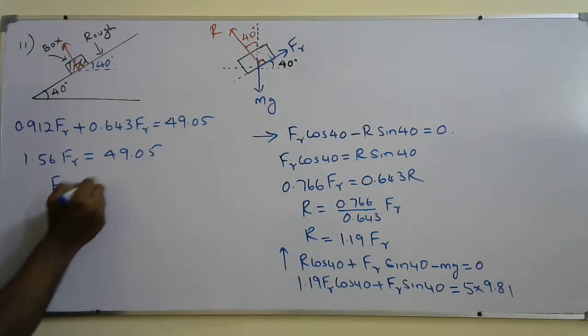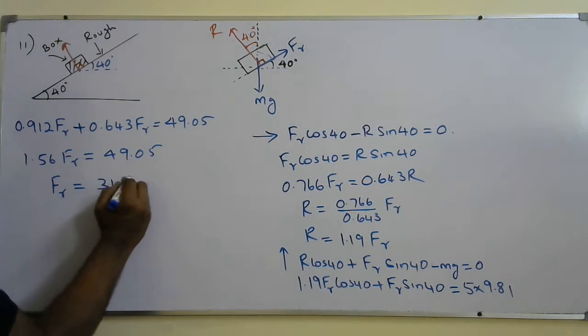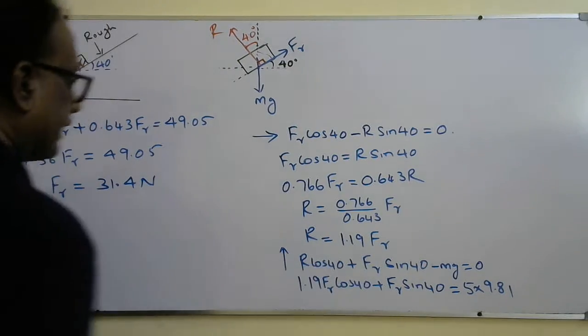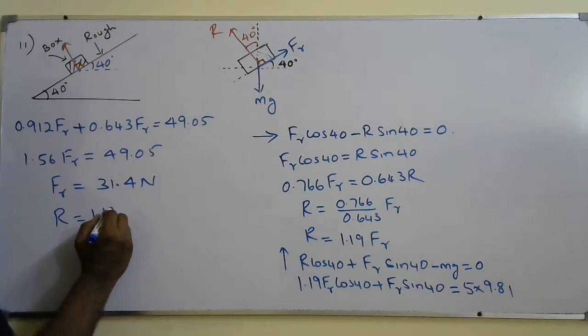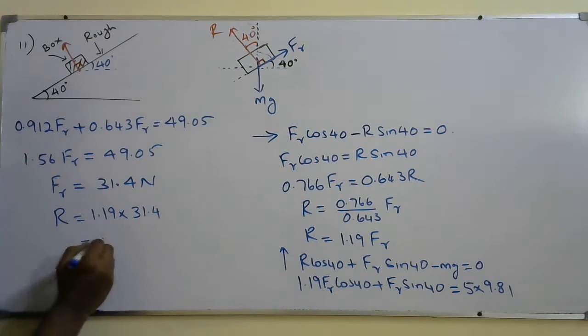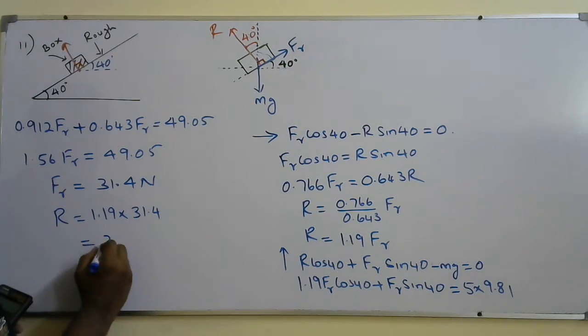Find the Fr. Divide 49.05 by 1.56, you will get 31.4. So the friction will be 31.4 Newton. Okay, so then R equal 1.19 Fr. You can use here Fr 31.4. So that will be 37.4.